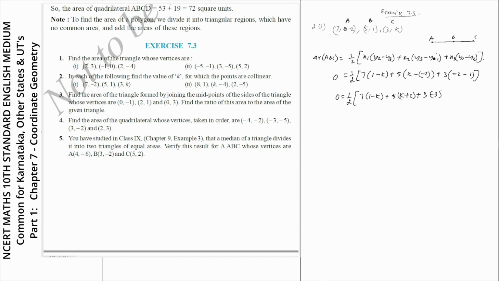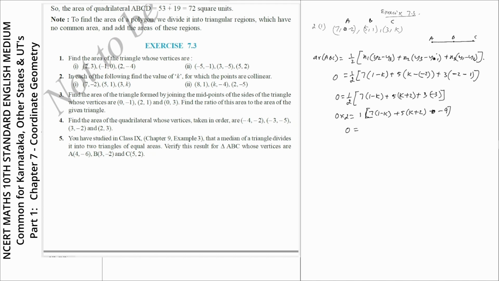I'll get addition. Okay, now I'll cross multiply here. So 0 into 2 is equal to 1 into this one. So 1 into 7 into 1 minus k plus 5 into k plus 2, plus now 3 into 3 is 9, so minus 9 I'll get.